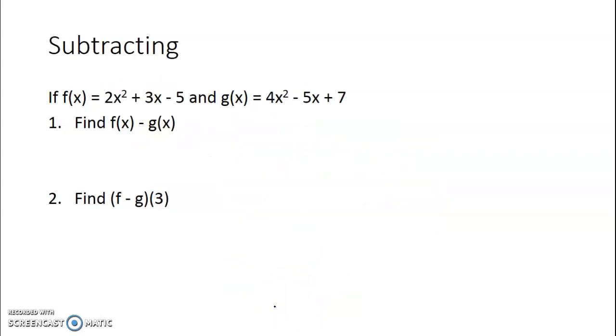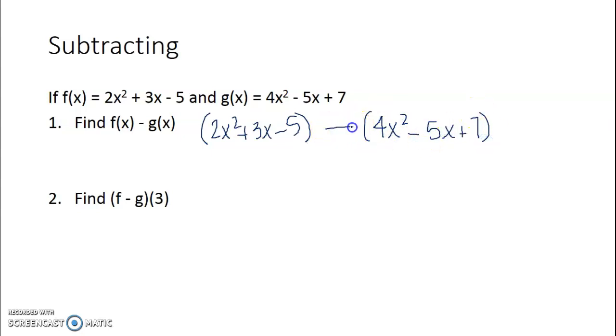When you are subtracting, you want to start the same. So I'm going to have my f of x and my g of x. But this time I'm subtracting them.